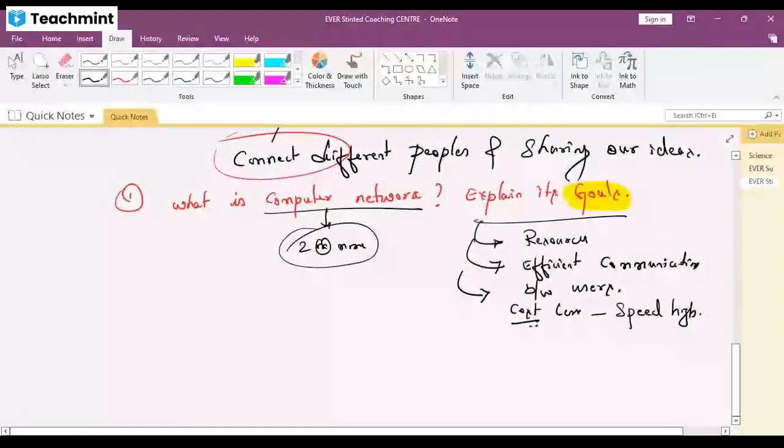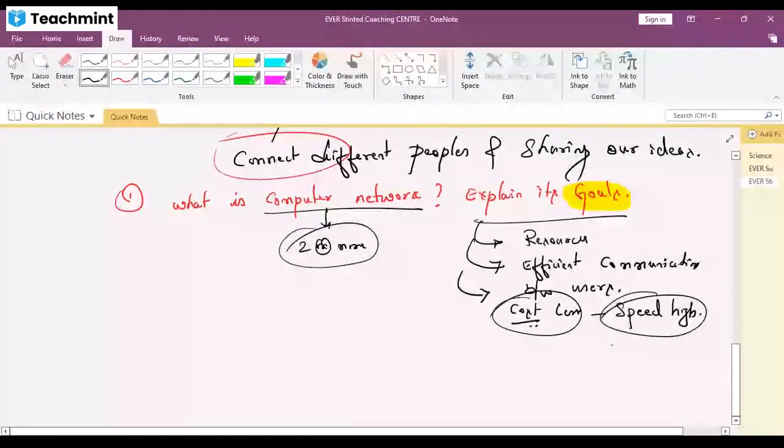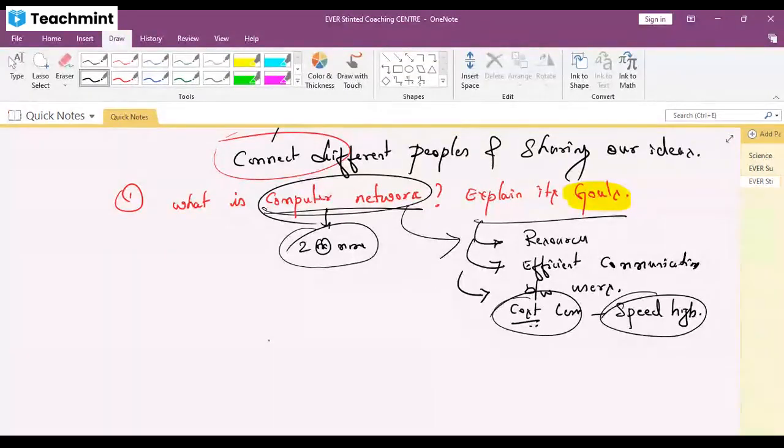If you have a network, definitely the cost will get reduced and the speed of processing the data will increase. If we have a proper computer network, these are all the advantages. You can share resources, create good communication, and it will reduce the cost and increase the speed of processing.